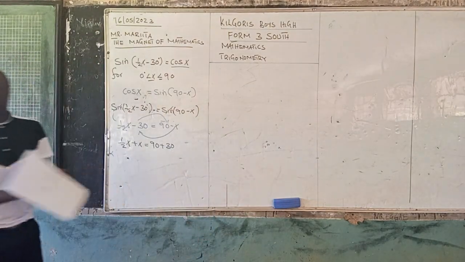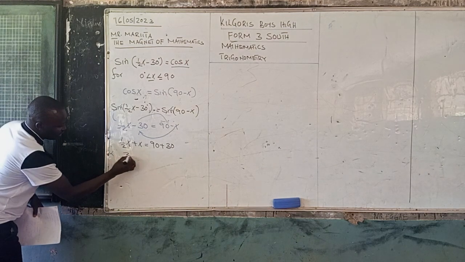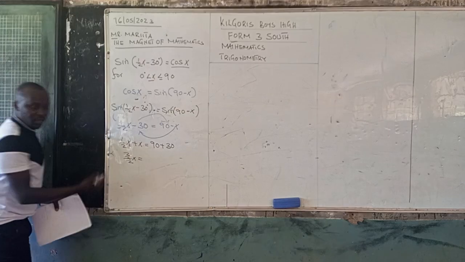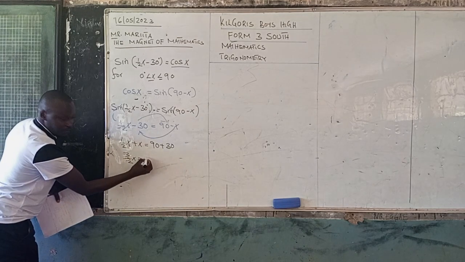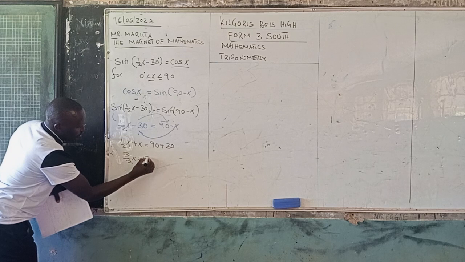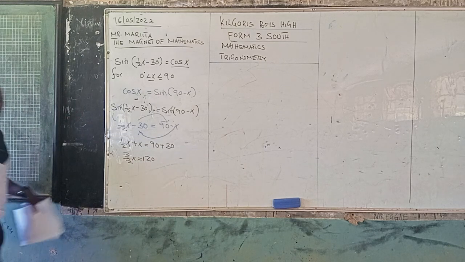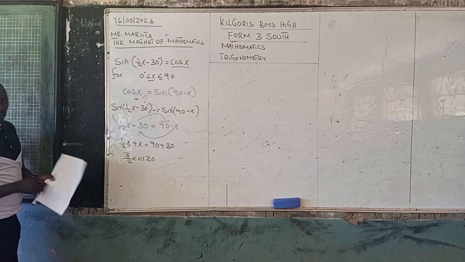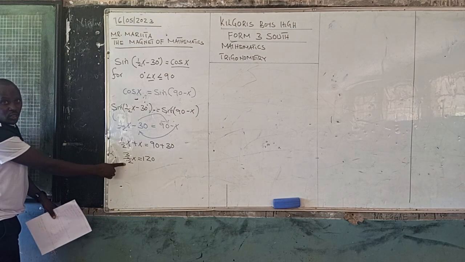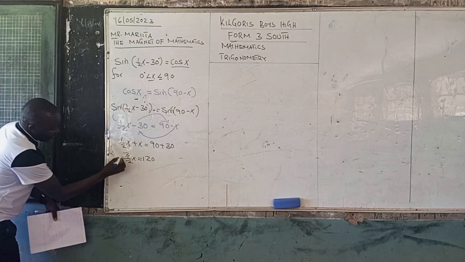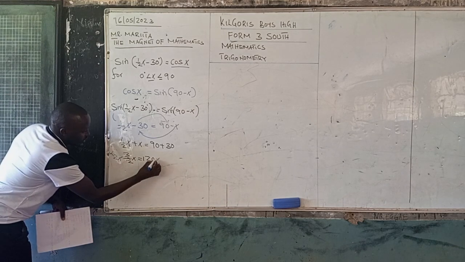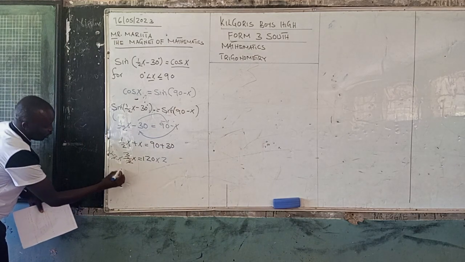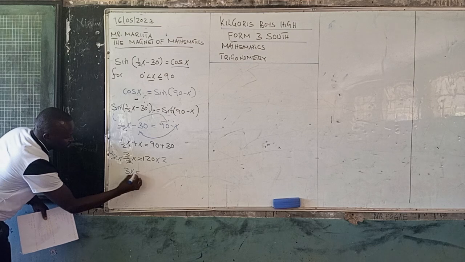So 3 over 2 x equals p times 120. To remove the 2, you multiply both sides by 2, so this one remains with 3x.